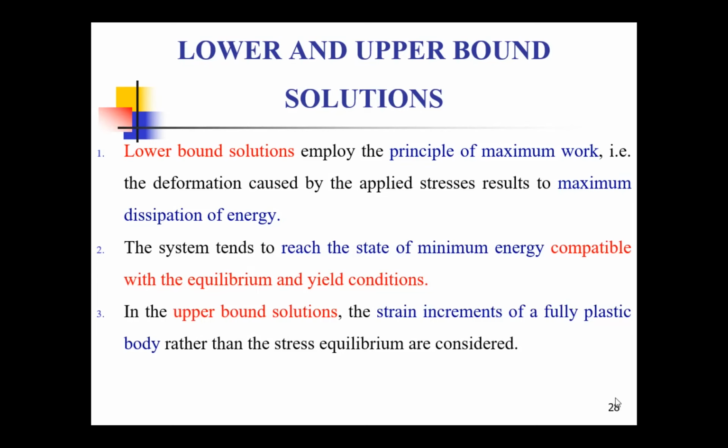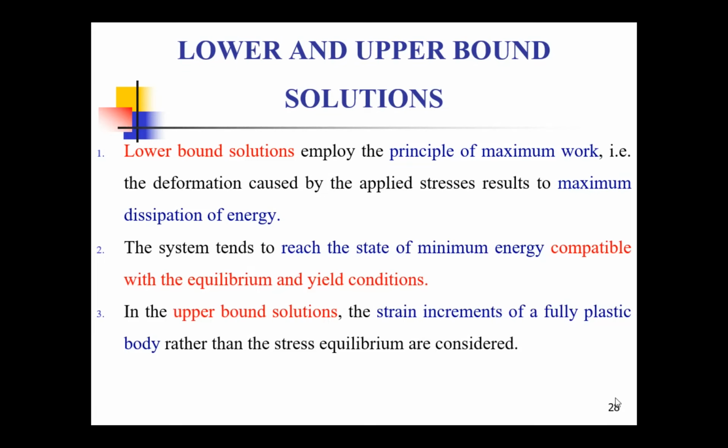But in the case of upper bound solutions, the strain increments are considered in the plastic body, because the workpiece is considered as viscoplastic. If it is elastic, if I remove the load, then it will regain its original position.